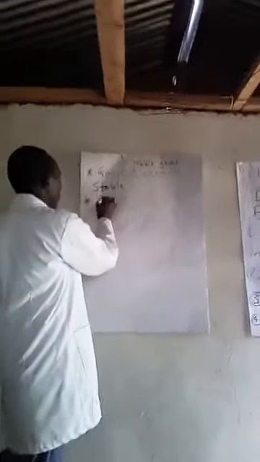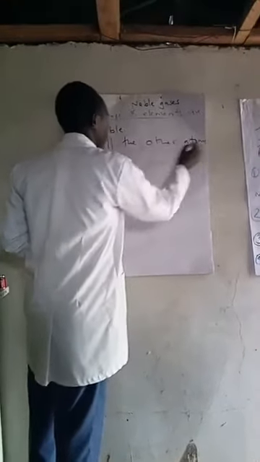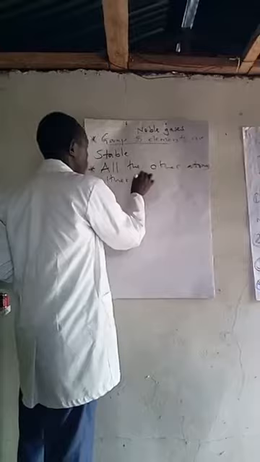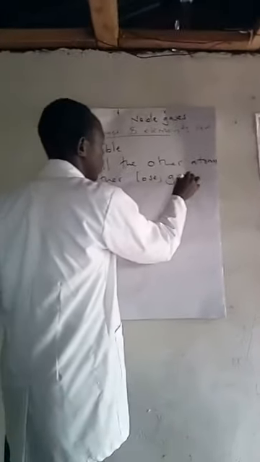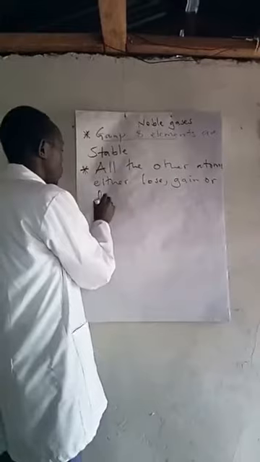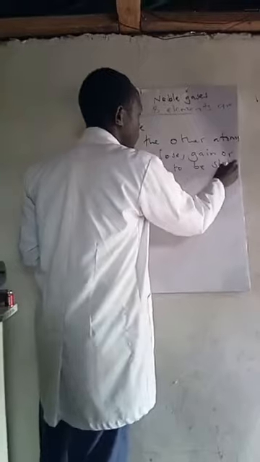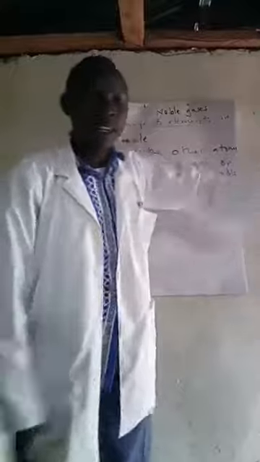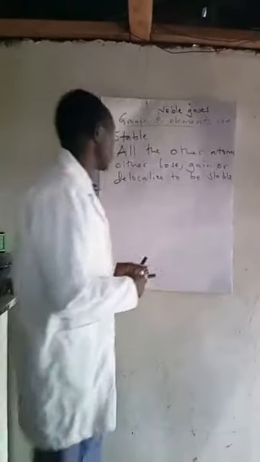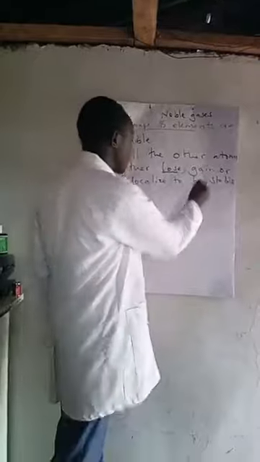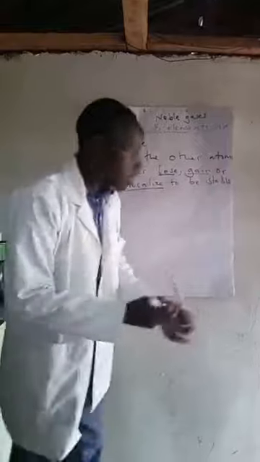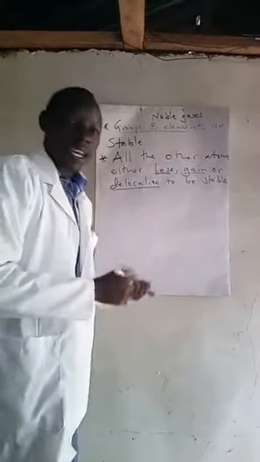Otherwise, all the other atoms either lose, gain, or delocalize their electrons to be stable. So all the other atoms, except noble gases, except group 8, either lose or gain or delocalize their electrons in order to be stable.